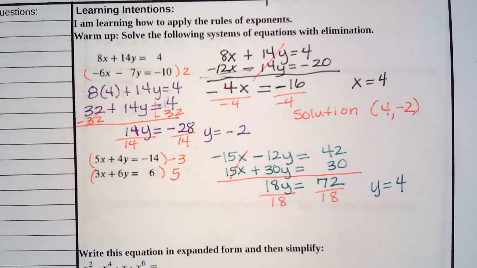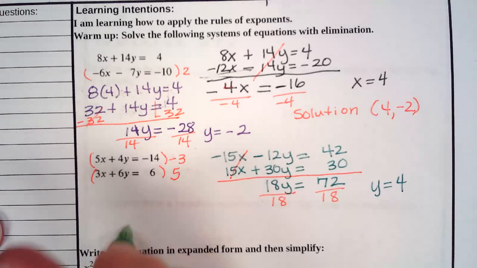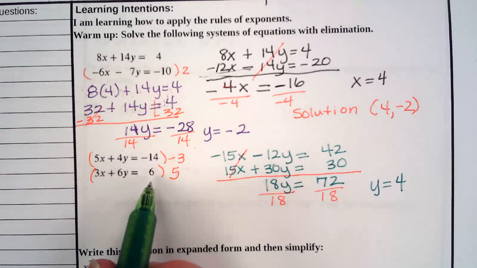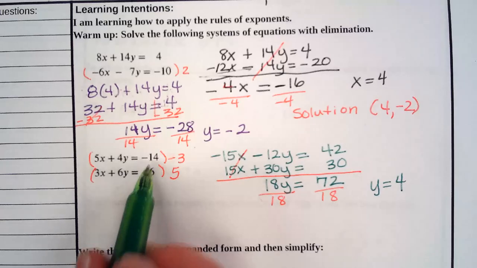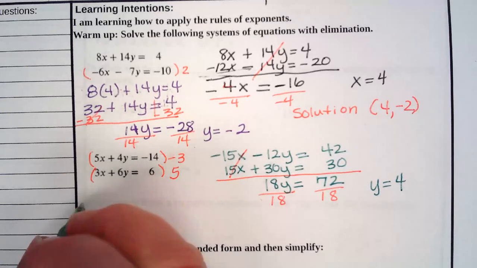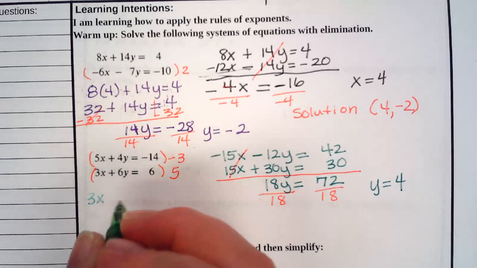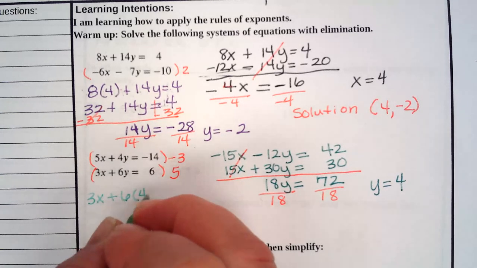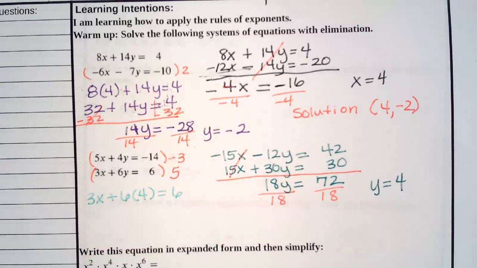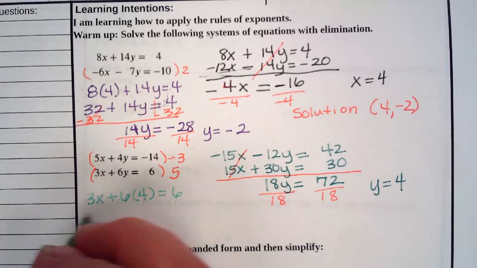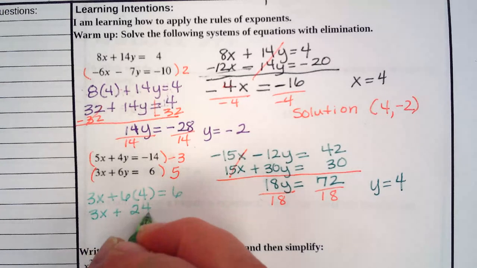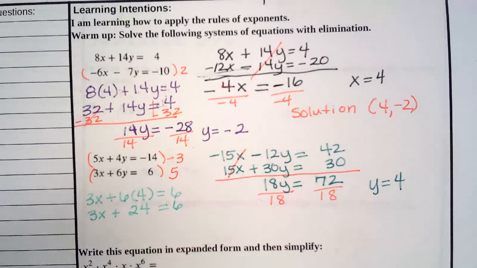Okay, now I still have to find x. So first one or second one doesn't matter. I think I'll choose the second one because I've got 6, which is positive, instead of the -14. So 3x plus 6 times 4 is equal to 6. 3x plus 24 is equal to 6.